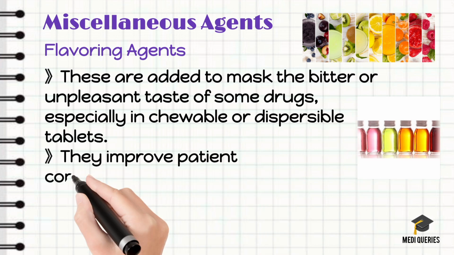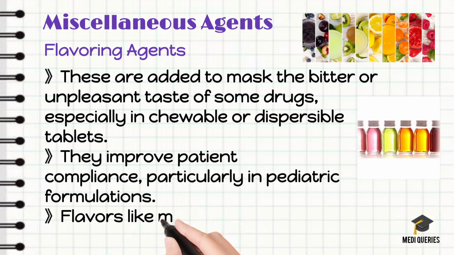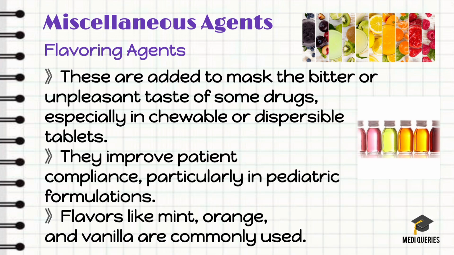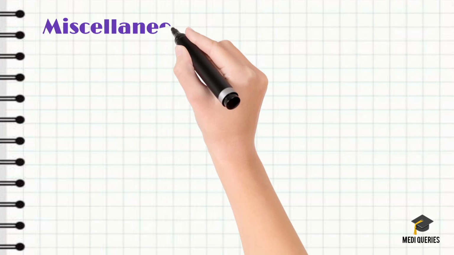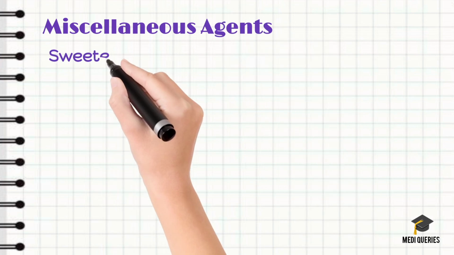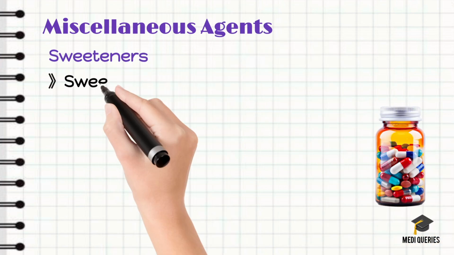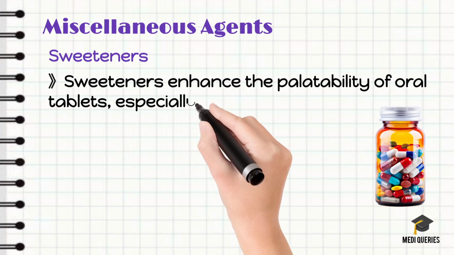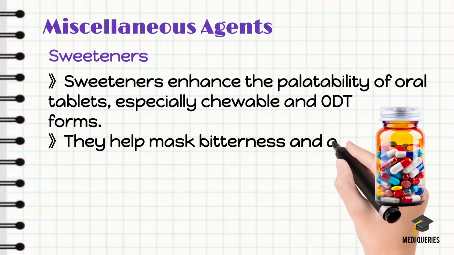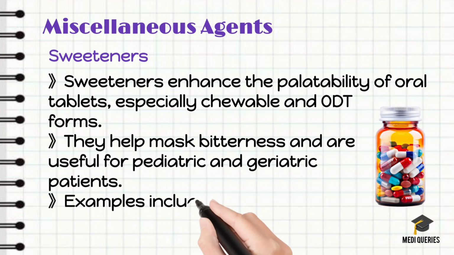The flavoring agents like vanilla, orange, or mint make chewable or dissolving tablets more palatable. Sweeteners like sorbitol, aspartame, and saccharin are used in sugar-free tablets for diabetic patients. These excipients are critical in ODTs, chewable tablets, and pediatric formulations.